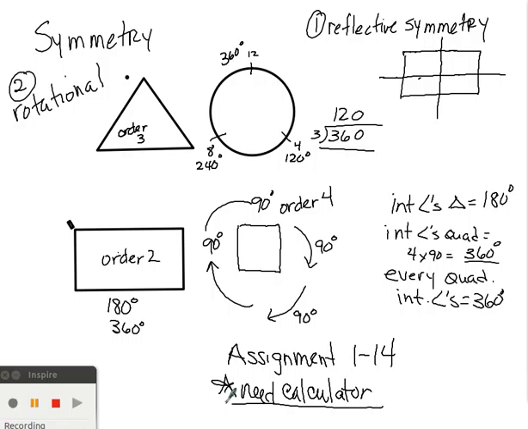So you're going to do 1 through 14 in the investigation, bring your calculator and those questions to class tomorrow. And anything you might not have understood on this is a lesson that you really should be reading to make sure you understand the symmetry and everything else about quadrilaterals.